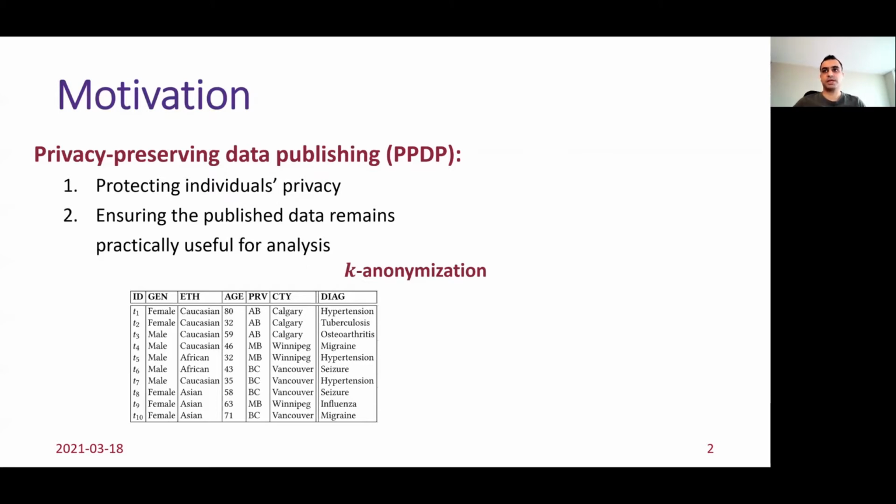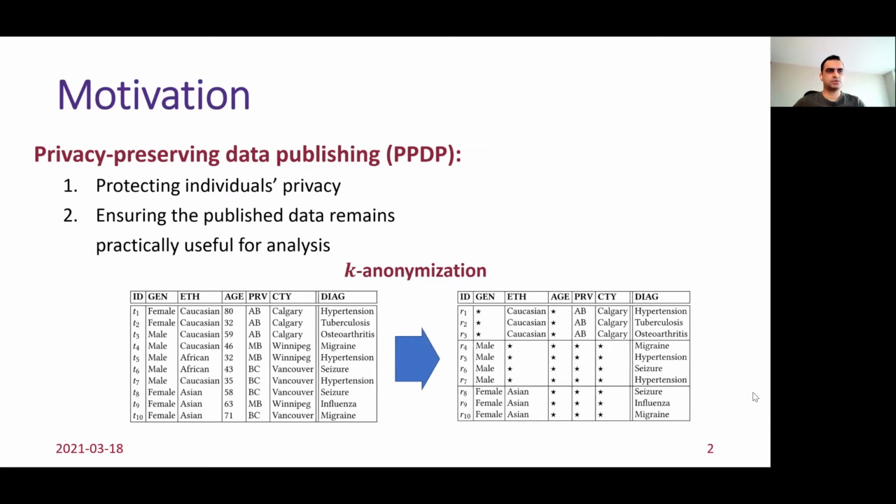That's done by placing them in groups of k other individuals with the same quasi-identifiers. These are attributes like gender, age, address, or ethnicity that together can identify a person.